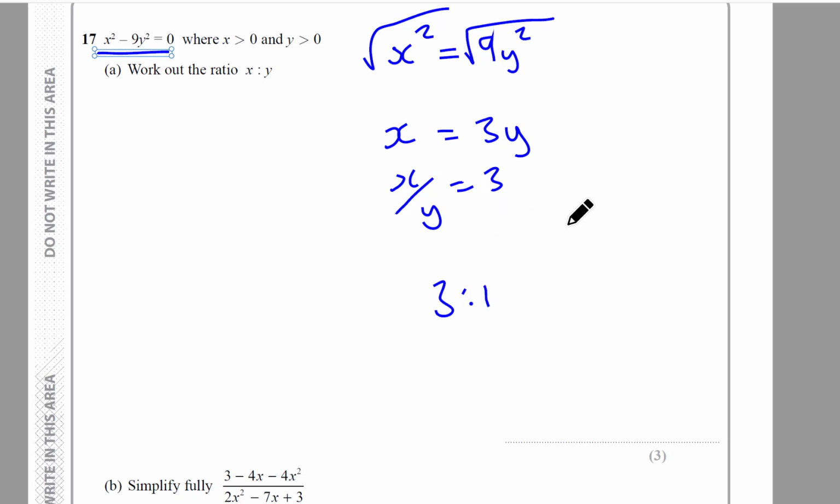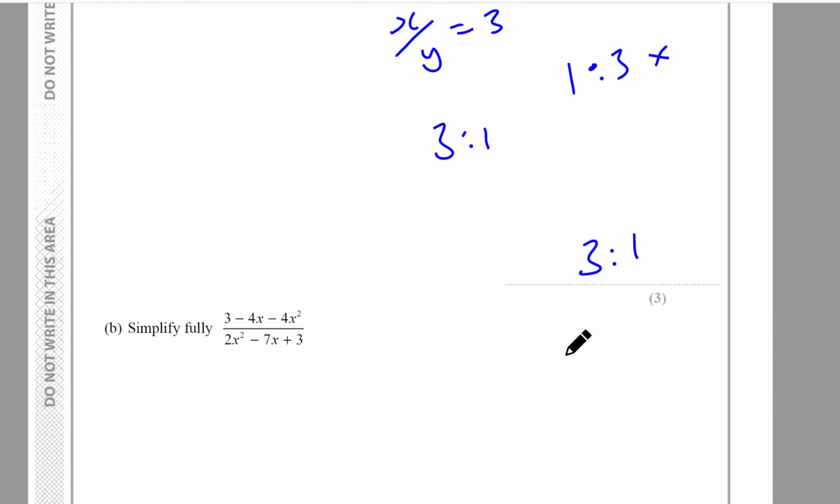I could see how you might think that's 1 to 3, but that would be incorrect. Because if x is 1 here, and y is 3 here, you'll actually get 1 to 9. So that's why it's 3 to 1. When x equals 3, y is going to be 1.